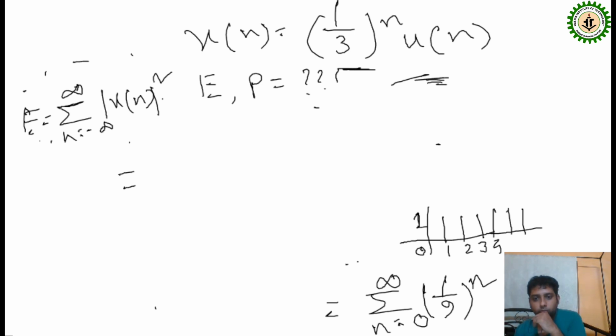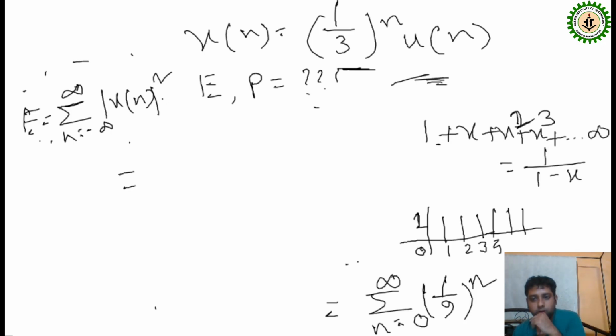So we know the formula for an infinite GP series, that is 1 plus x plus x squared plus x cube and so on up to infinity, equals 1/(1 minus x), provided |x| is less than 1. The same formula will apply here.